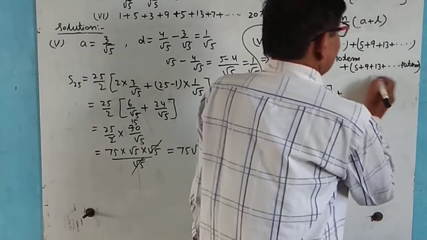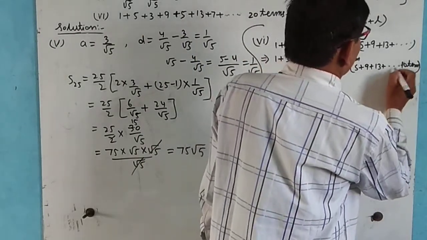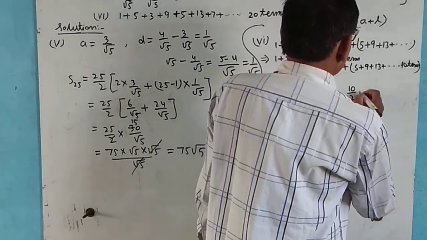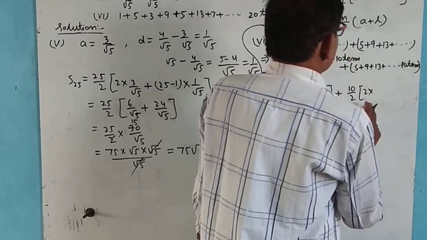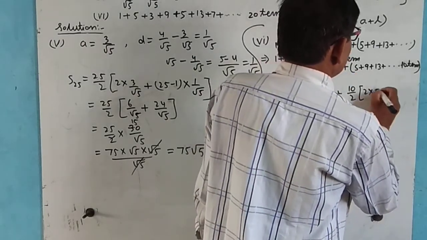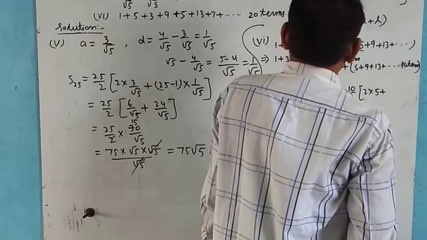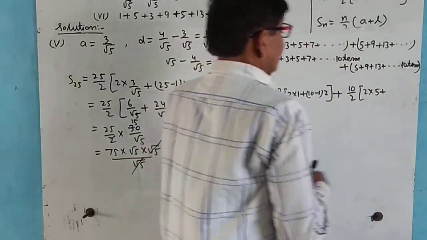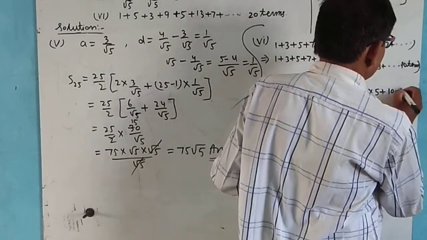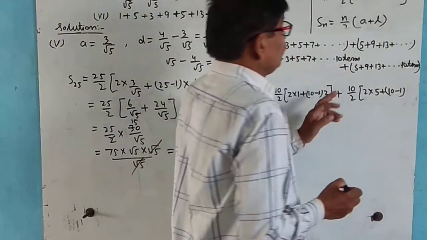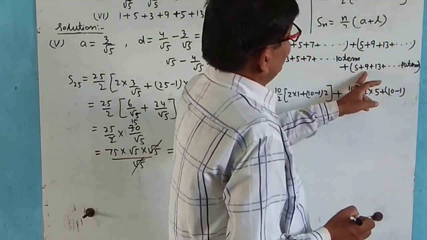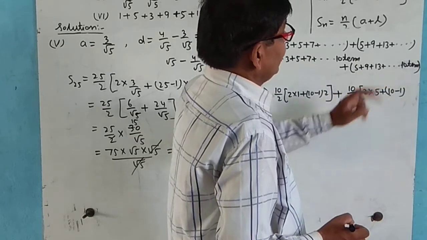For this one, which also has 10 terms, 10 by 2, 2 into 5 plus 10 minus 1 into d, where d is 13 minus 9 equal to 4.